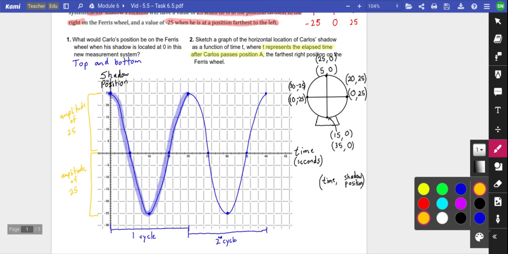In this problem, we did not shift up because all we're doing is looking at how the shadow moves. And the middle of the shadow is always at 0.